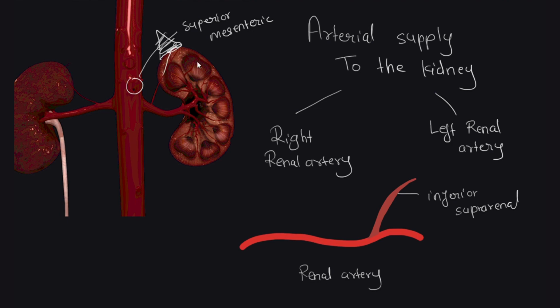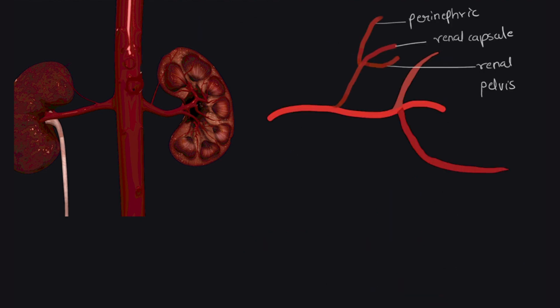And then we have another branch known as the ureteric branch that's going to be supplying the ureters. Then there are the perinephric branches, which supply the tissues found around the kidney. Then we have the branch that supplies the renal capsule, and the branch that supplies the renal pelvis.